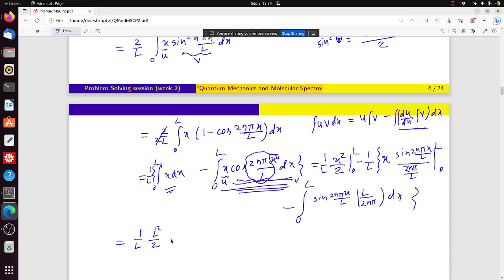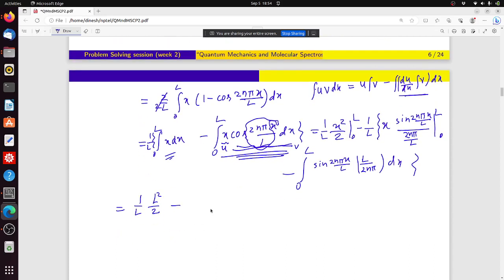Then minus 1 over L, you have to put the limit. This is L over 2 n pi, this is L sine, and if I put L, this is 2 n pi.